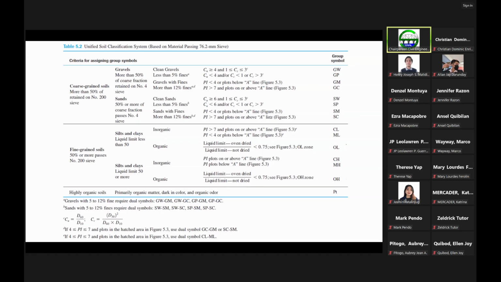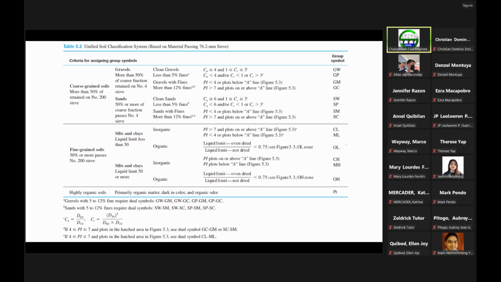Later on in the examples, we will have that. If this one is satisfied and this one is satisfied, then you can have SW-SM. If this criteria is satisfied and this one is satisfied, provided you have fines content between 5 and 12, then you can combine the symbols. This is what this footnote means, as well as this one here.